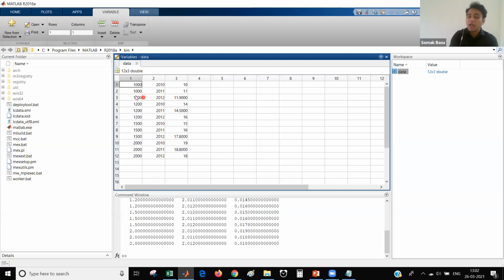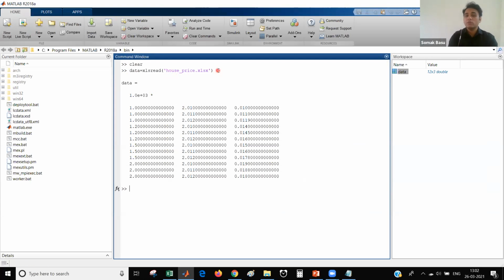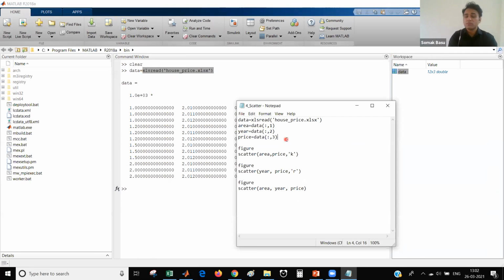I want to find out a relation. First of all, I want to visualize the relationship between the variables. This xlsread command helps me to read an Excel file and import it to the MATLAB workspace. After that, let me first of all separate the matrix into 3 different vectors.